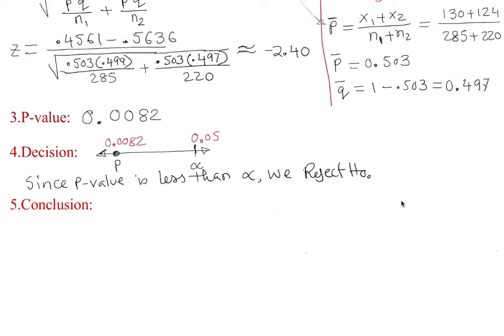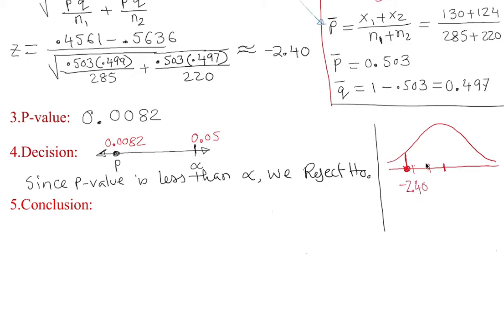Now I want to make sure we understand this much better. I'm going to draw a bell curve. That's the z-score line, and right below is my mean. This z-score tells you 2.4 standard deviations below the mean. That's the location of the z-score, so I'll put down negative 2.40 here.